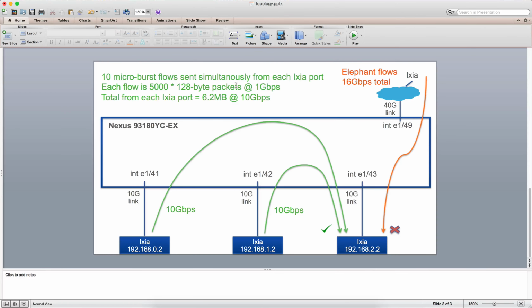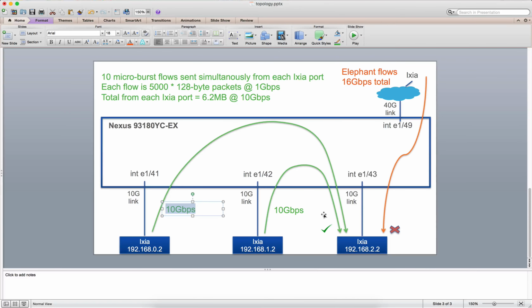This will result in a microburst of 6.2 meg at 10 gig from each Nexia port. You see the destination ports, and they will both go to 143. Not only is the port already congested by elephant flows, but by definition the burst is trying to fit 20 gig of capacity into a 10 gig port. So there's not enough capacity.